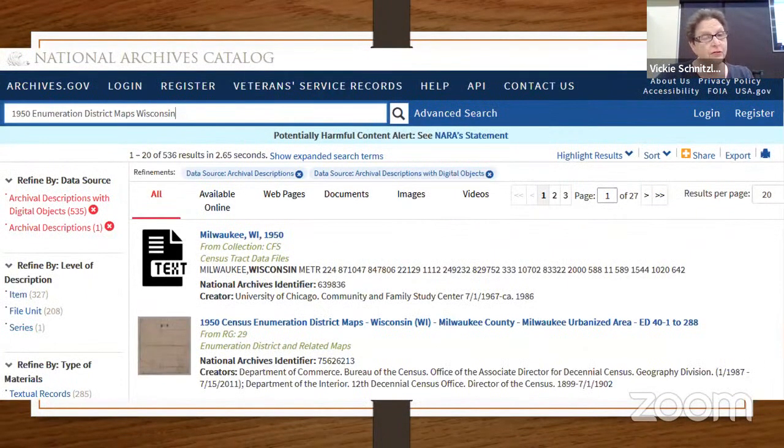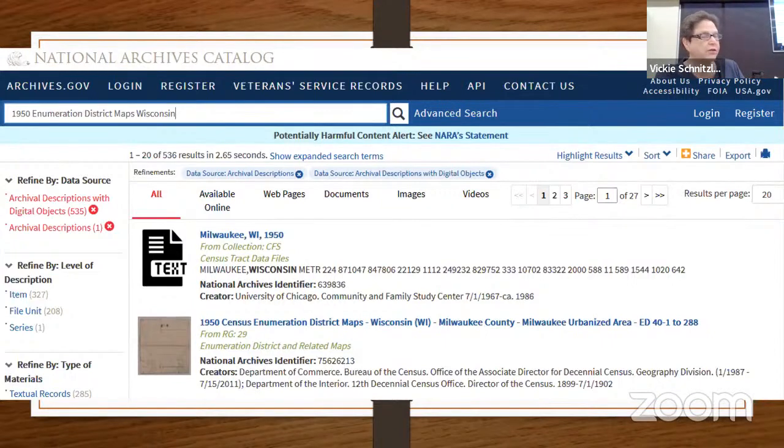This is the screen that will come up when you do a search for the Wisconsin enumeration district maps. One of the things that I wanted to show you, and it happened to pull up some of Milwaukee's first. One of the things is if you're looking for somebody out in the country, it's going to be easy to find them in the rural areas because the enumeration district map, or the people that were included in that enumeration district, there's not as many as in the larger cities.